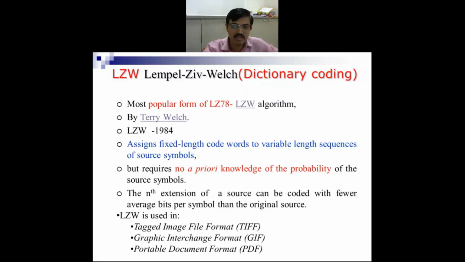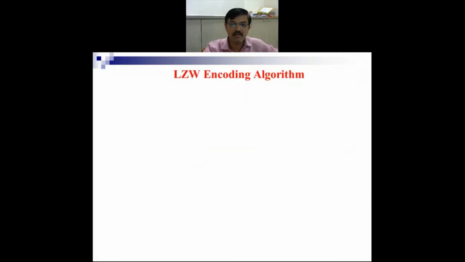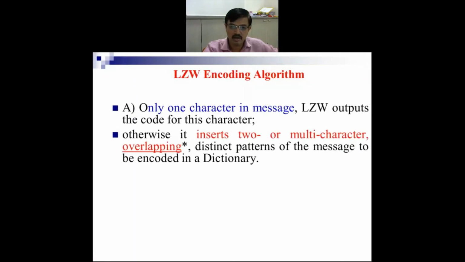There is an option in the PDF document to compress that. So for that compression, the general code used is the Lempel-Ziv-Welch code. So this is a very famous and popular code used in all these formats: .tiff, .gif and .pdf files. So we are going to learn this particular popular code, the Lempel-Ziv-Welch encoding algorithm.